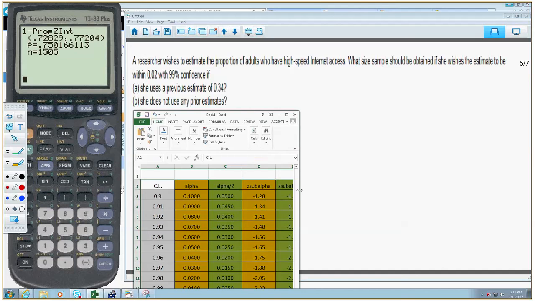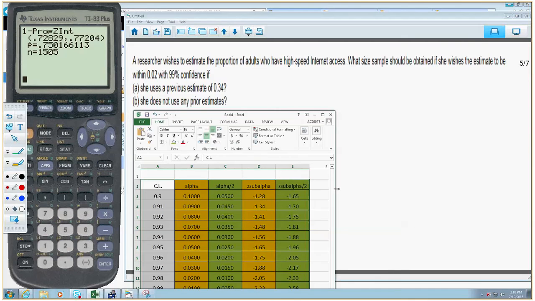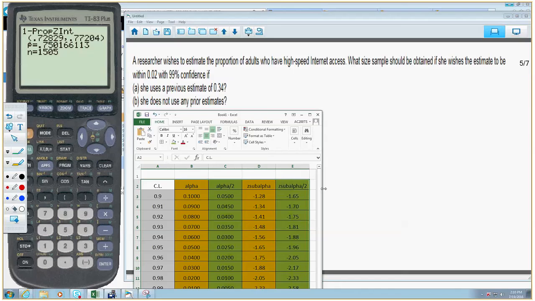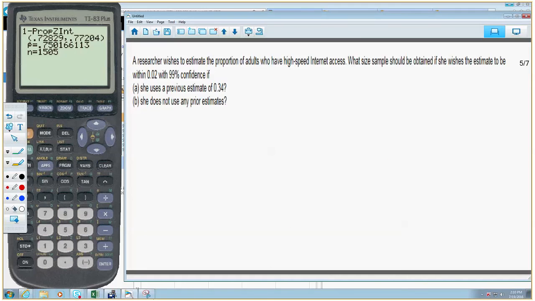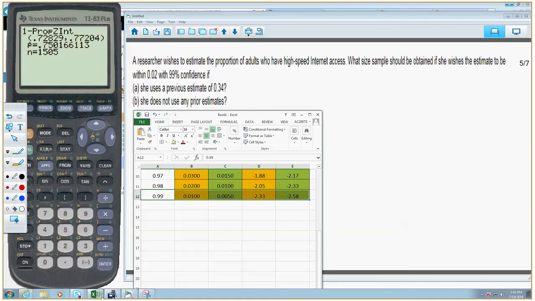A 99% confidence level gives us this information right here. So I'm only interested in that 2.58, because it's z sub alpha over 2.